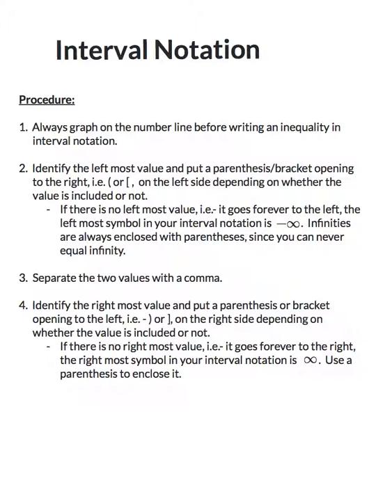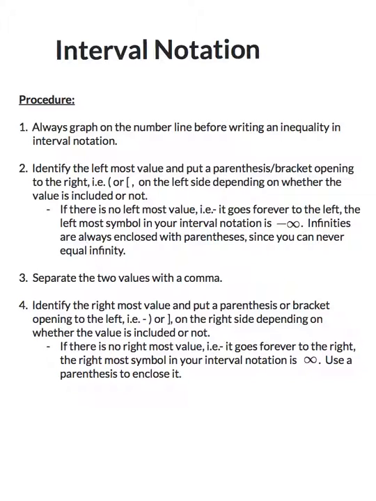The next thing I want to do is write a comma. And I'm going to write the rightmost value and put a parenthesis or bracket opening to the left, depending on whether the value is included or not.